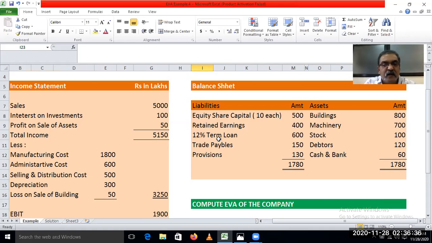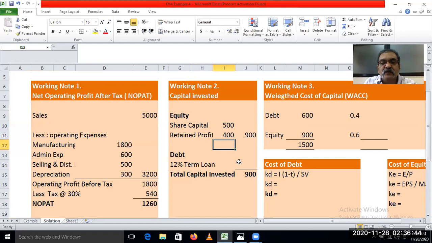It means we assume that it is a long-term loan. So the long-term borrowed amount is rupees 600, the 12% term loan. So total capital invested will be 900 plus 600, that comes to rupees 1,500.